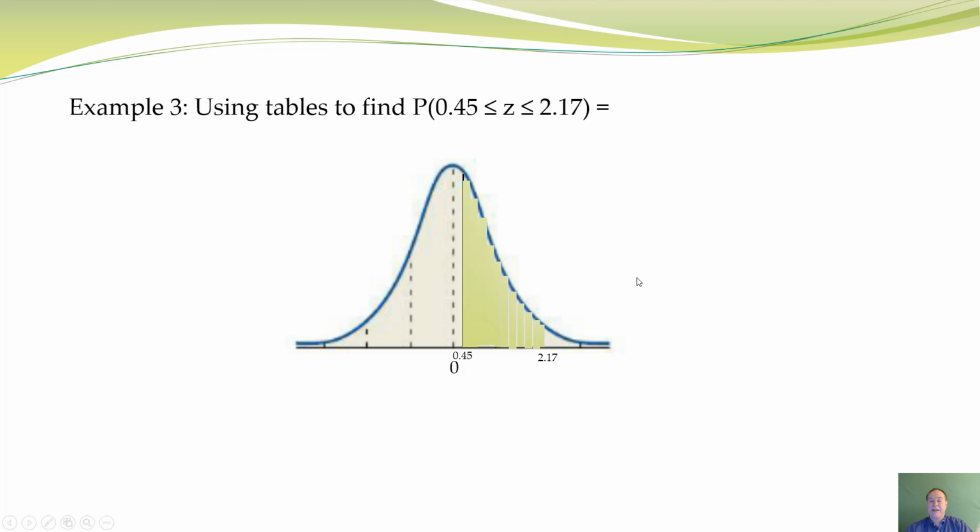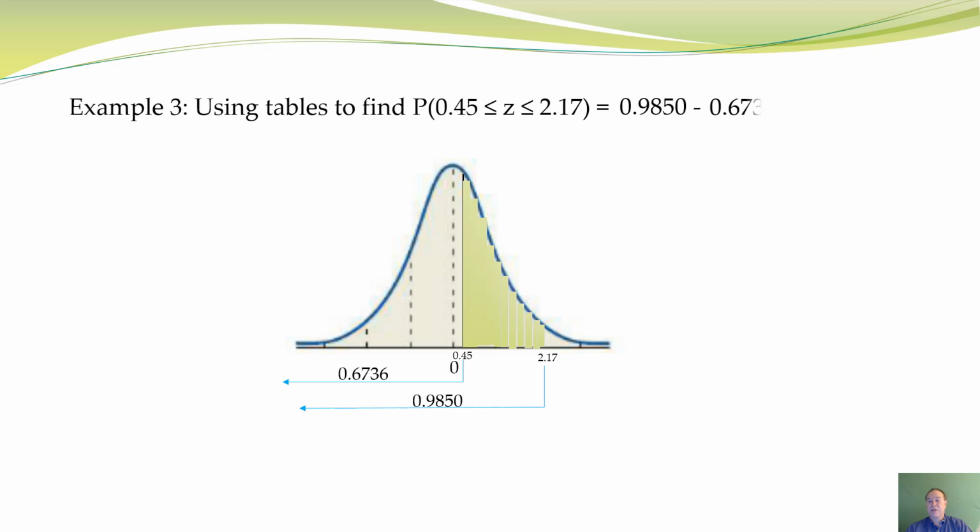So how do I find it? Well, first off, I find the area to the left of 2.17 using the table. That turned out to be 0.9850. Then I use the table to find the area to the left of 0.45, which is 0.6736. Now you notice that green shaded area is the difference between these two values.